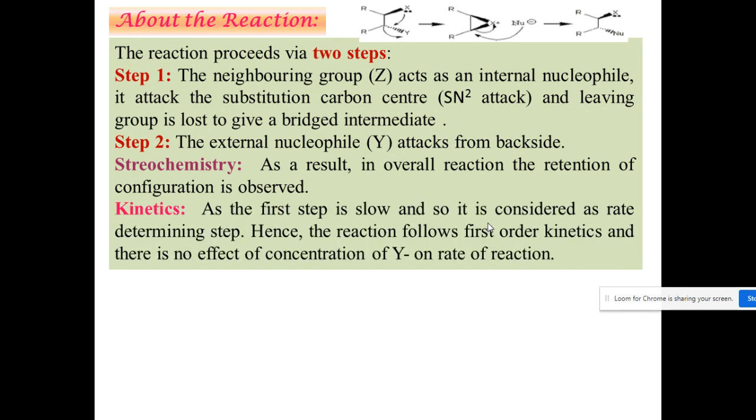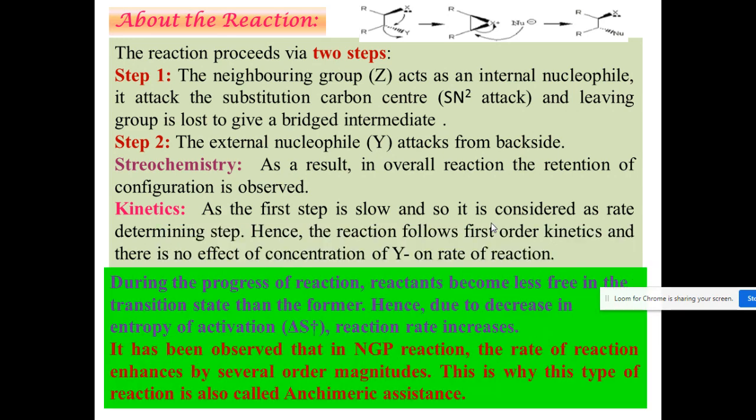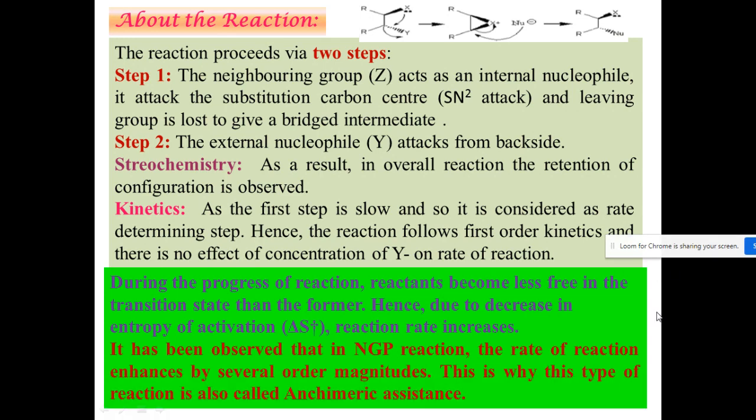And if the kinetics is concerned, as the first step is slow, it is considered the rate determining step. Hence, the reaction follows first order kinetics, and there is no effect of the concentration of the nucleophile on the rate of reaction. And regarding the thermodynamics, we should know why the reaction rate is increased so much.